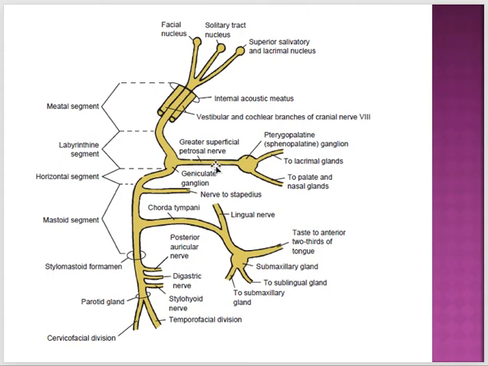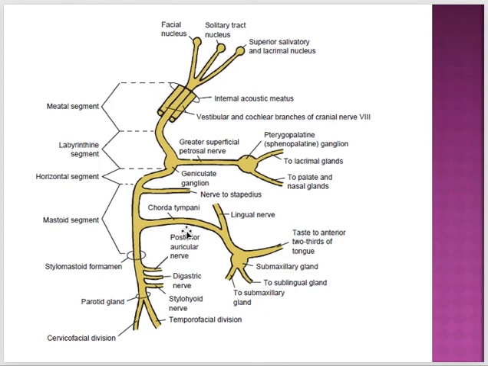Okay, now you can see over here the greater petrosal nerve, or the greater superficial petrosal nerve. This one arises from the geniculate ganglion, right? So this one carries the secretomotor fibers to the lacrimal and the nasal glands. Whereas the nerve to the stapedius, it's very clear, will supply the stapedius muscle. Then there is the chorda tympani, and all these branches I'm talking about are given in the bony part.